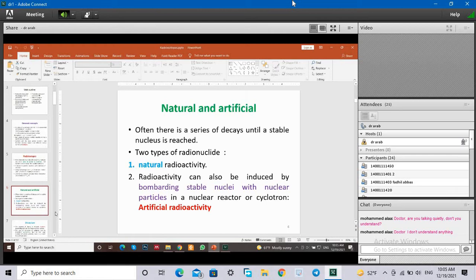Up to now, we only should know that in the environment we have two types of radionuclide: one that naturally exists in the environment, and the other is the nucleus with radioactivity that is artificially produced in the reactor or in the cyclotron.